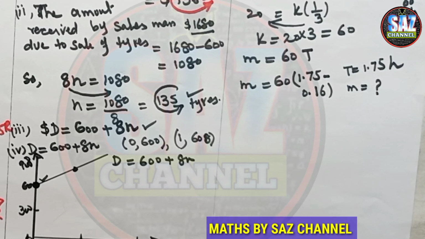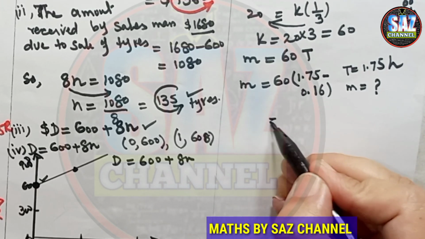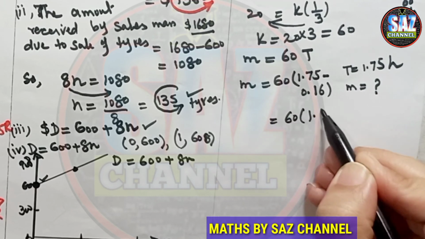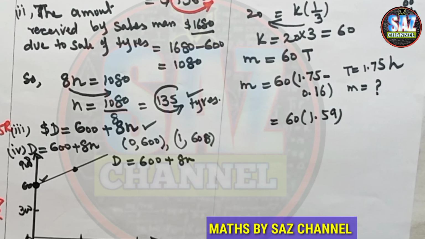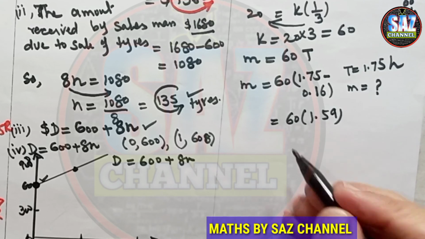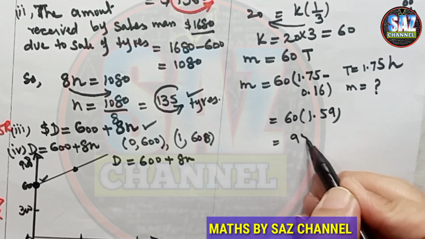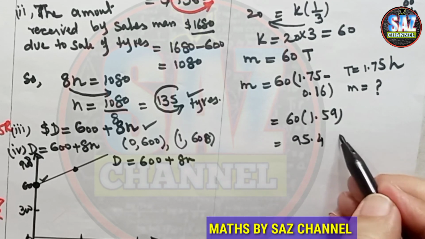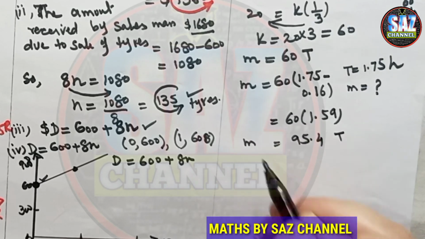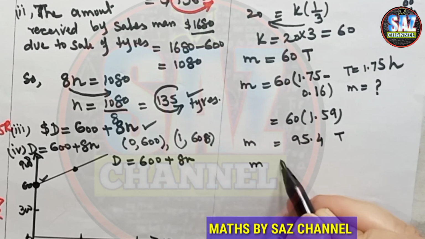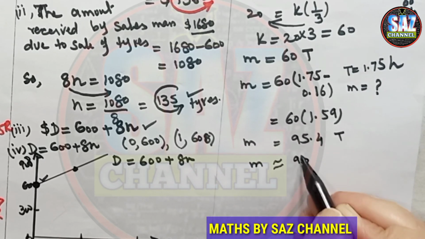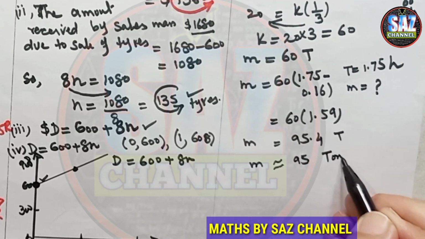So take away 0.16: 1.75 minus 0.16 is 1.59. 60 multiplied by 1.59 is equal to 95.4 tons, so the mass is approximately 95 tons.